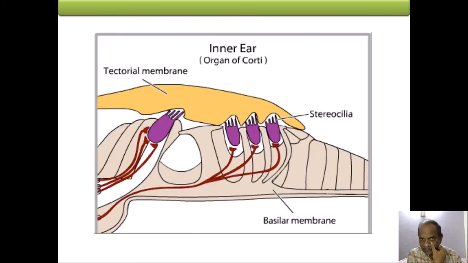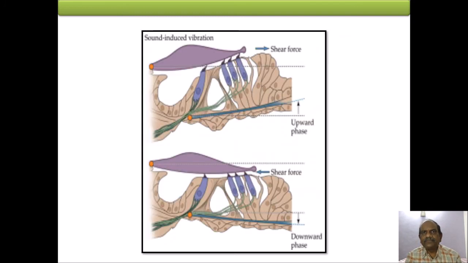Now, in the inner ear, this is the same figure which you can see. What I said here: these are the upward movement of the basilar membrane, and this is the downward movement of the basilar membrane.